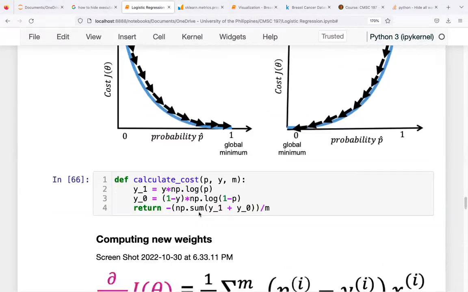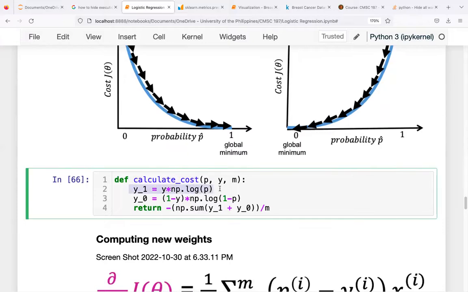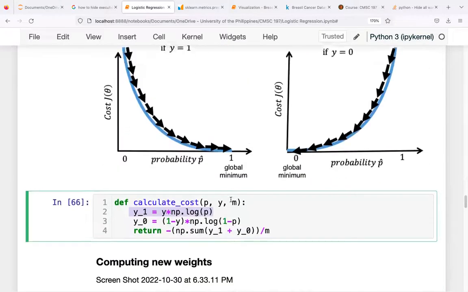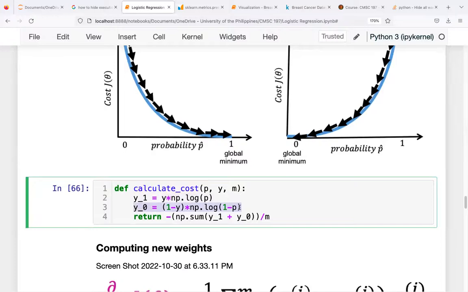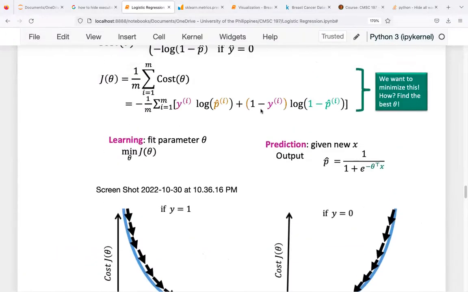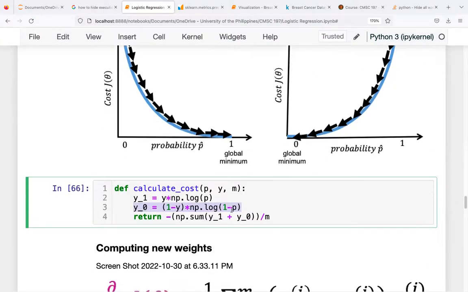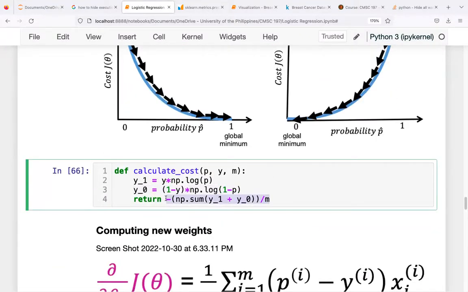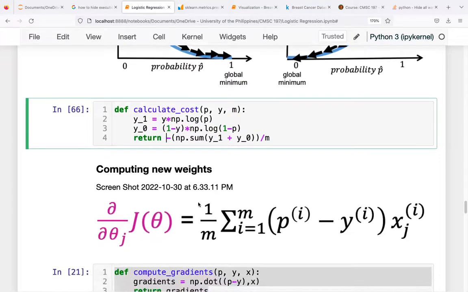So first, we simply compute the first term, which is y log p, and then the second term, which is 1 minus y times log of 1 minus p. Okay, and we take their sum over all the samples and divide it by m in order to take the average.